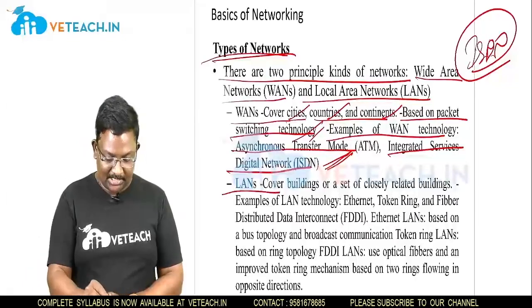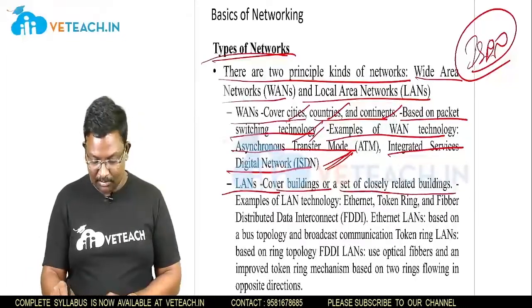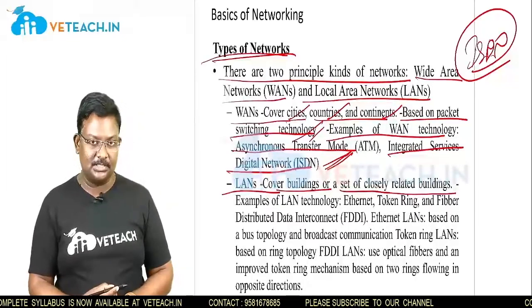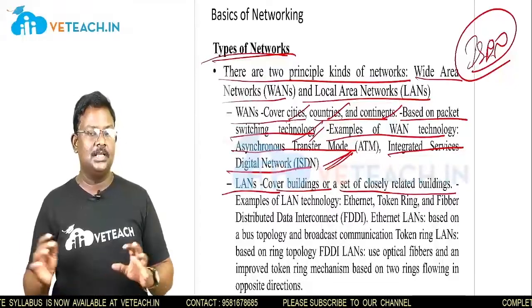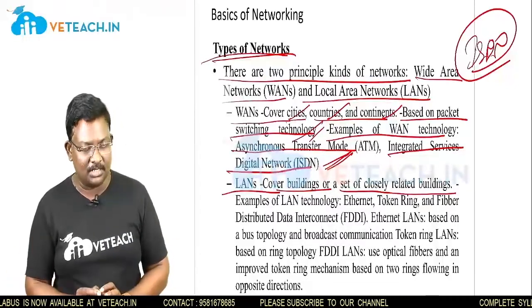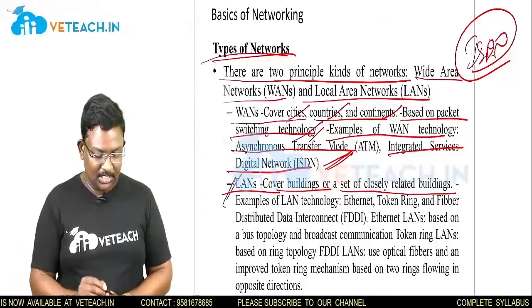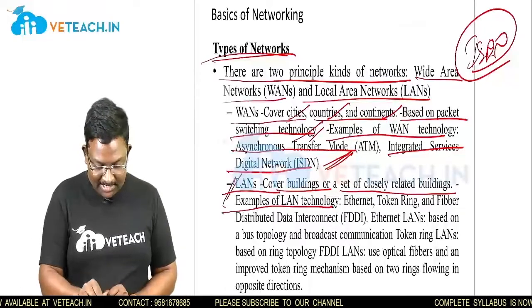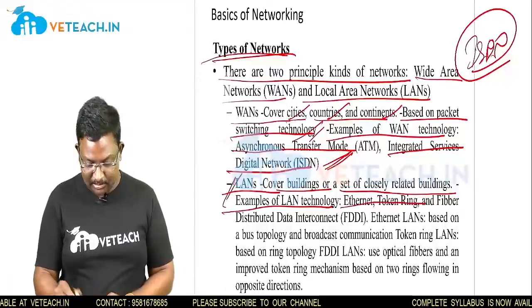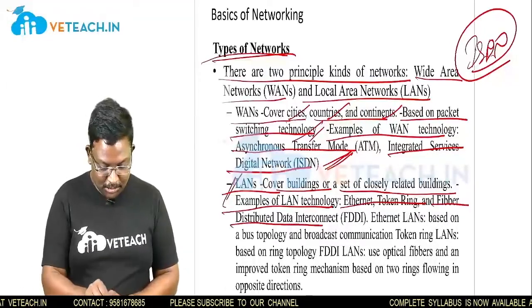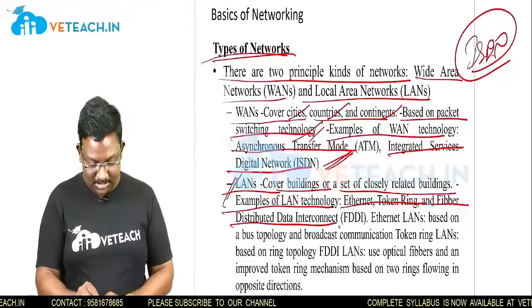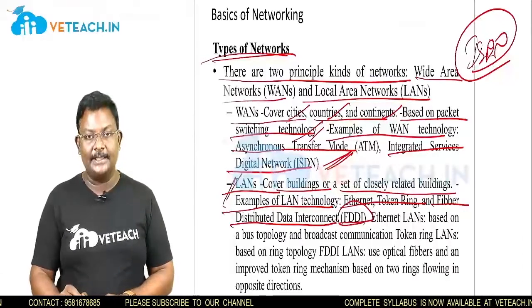Coming to LANs, they cover buildings or a set of closely related buildings. In most cases, LANs are used in offices or organizations. Examples of LAN technology are Ethernet, token ring and fiber distributed data interface, also called FDDI.